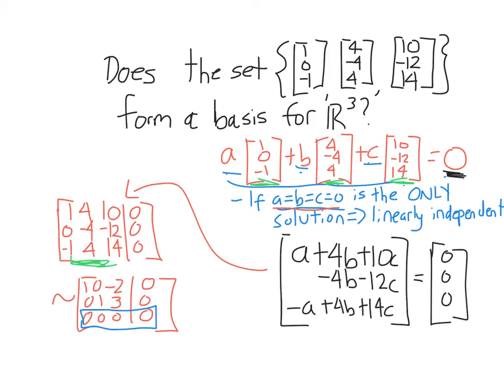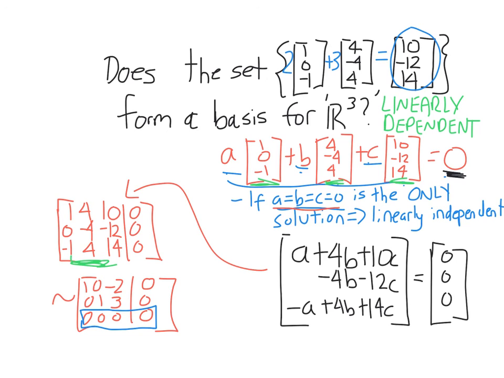That means there is at least one other solution where a or b or c does not equal 0. What that means is the set is linearly dependent. That isn't at all obvious from looking at it, but the way I set it up is that this vector here is 2 times the first vector plus 3 times the second vector.